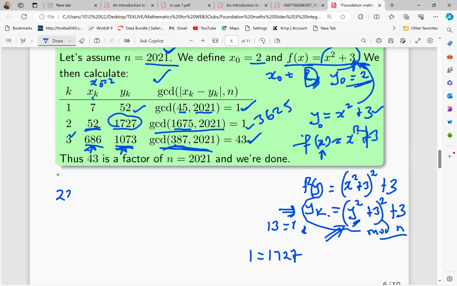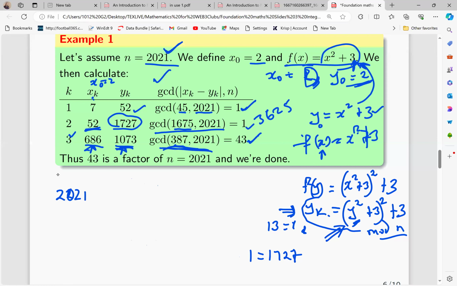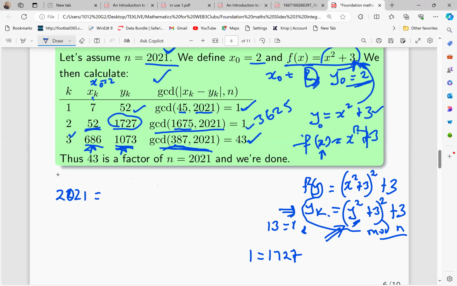2021. Let's divide by 43. Let's see whether it divides. 2021 divided by 43. Yeah, it goes there. Find that 43 goes there 47 times.